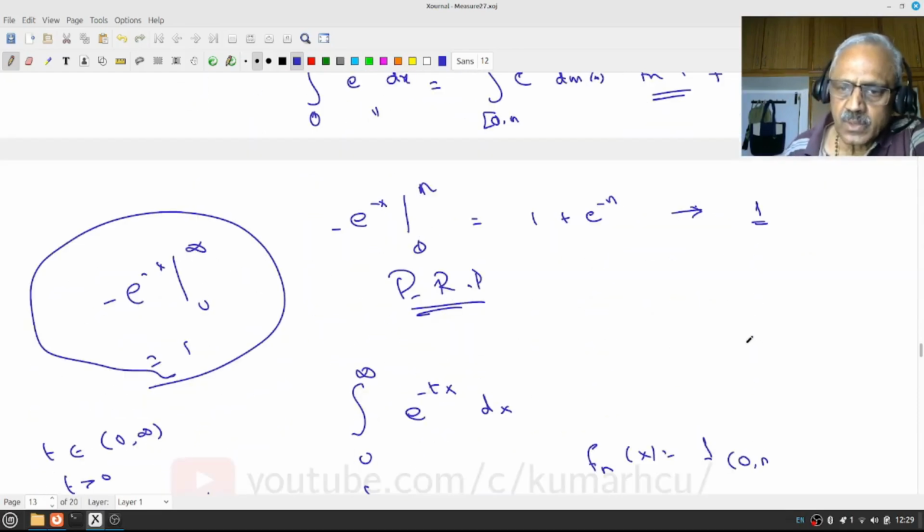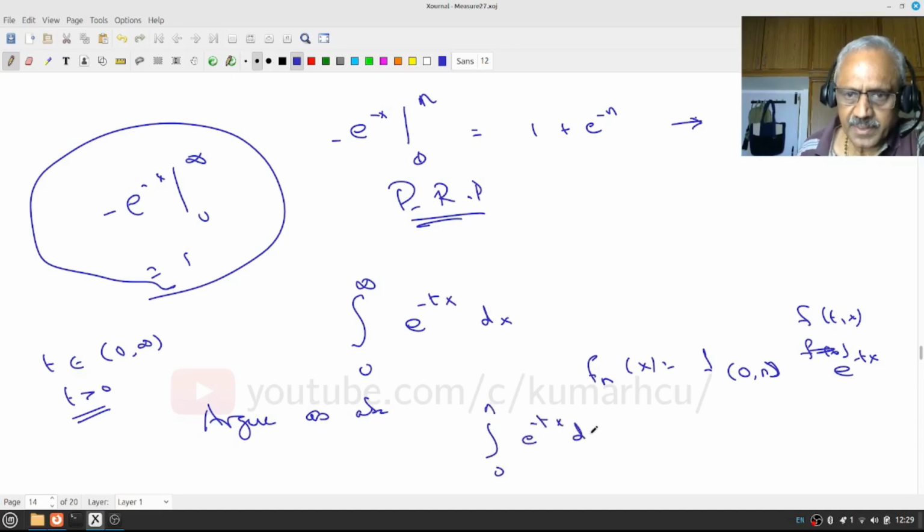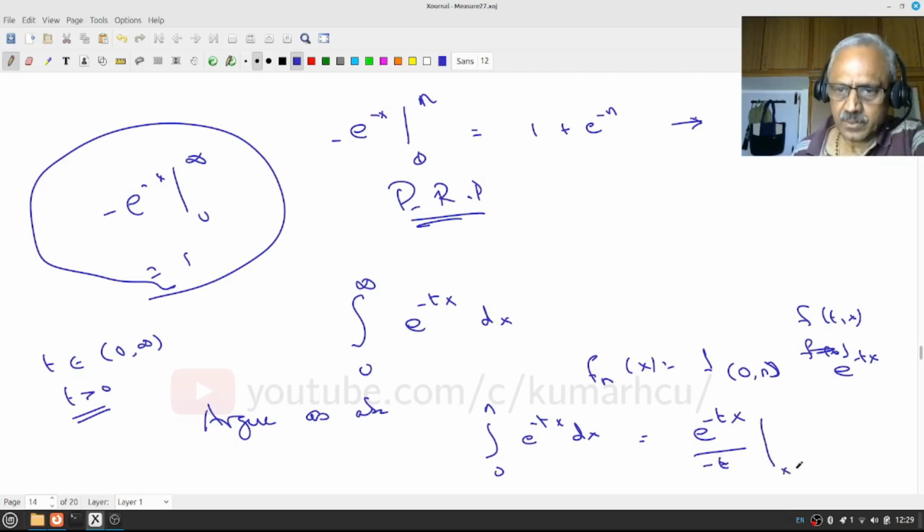Now this again I can compute. This is going to be the integral from 0 to n of e^(-tx) dx, with respect to x. Please remember the primitive, namely the primitive is e^(-tx) divided by minus t. And this is x equal to 0 to n.